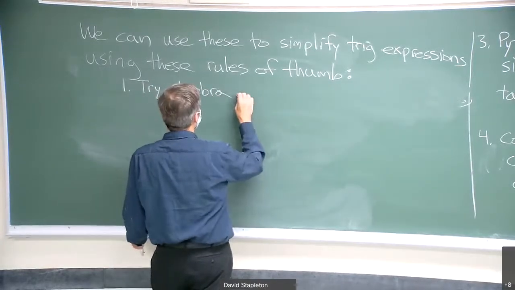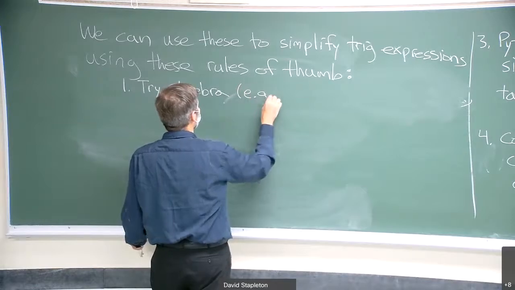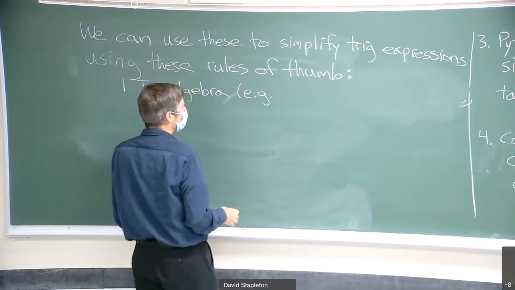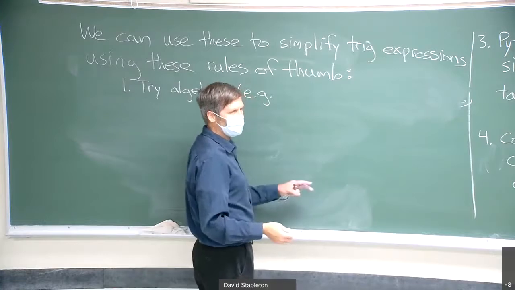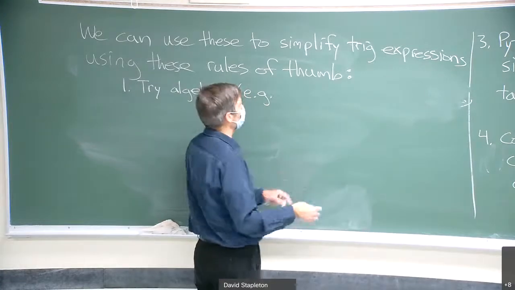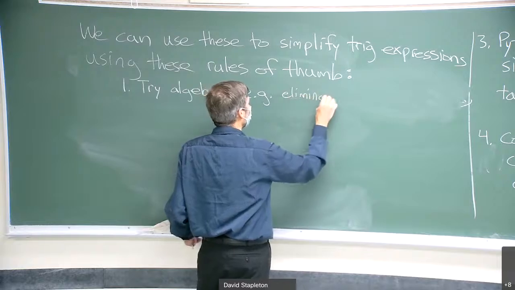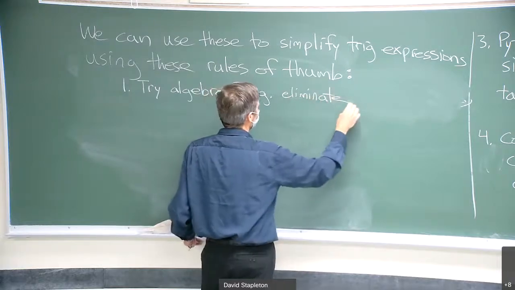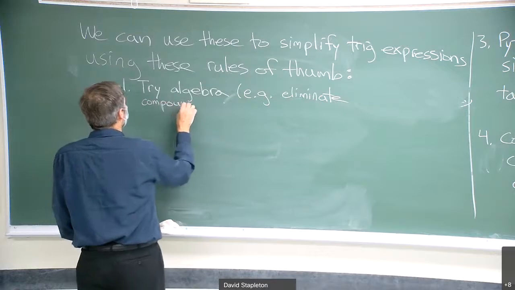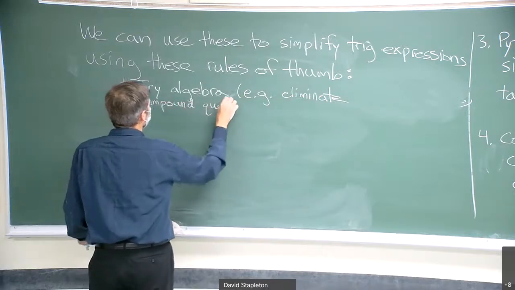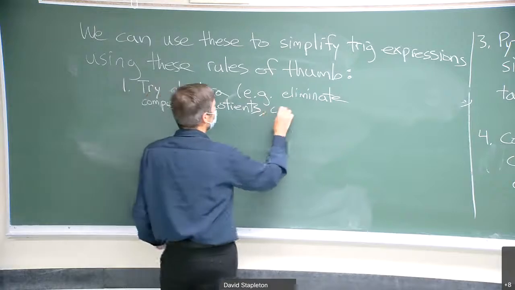There are a couple different things, particularly with quotients. So I'll say e.g., meaning for example, get rid of quotients of quotients. That's something you did in algebra. If you had a quotient of a quotient, what did you do? You took top times bottom over middle times middle. So eliminate compound quotients. Sometimes you have to create them and then eliminate them. Cancel common factors, right?